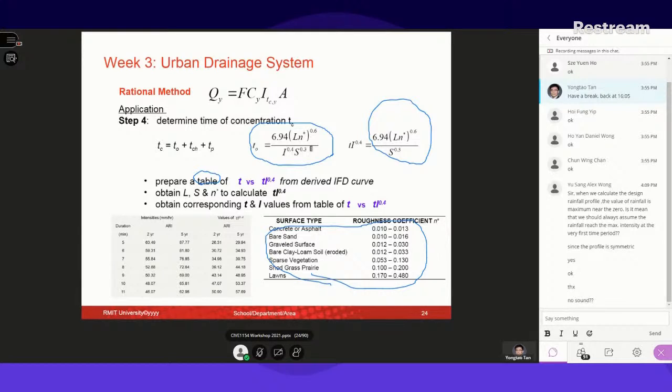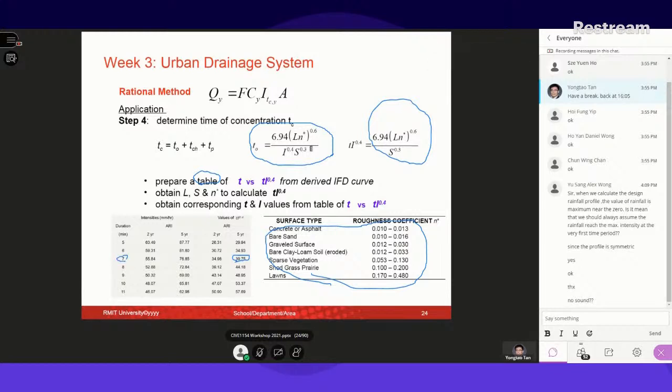After we have this table, in a particular design, we know the L, we know the S, we know the N, so we can get the T times I to the 0.4 power. For example, if the value is this one for 5 years, we can find out the time of concentration is 7 minutes.